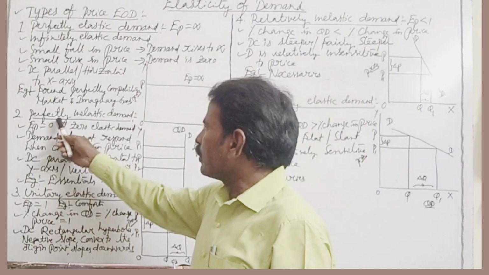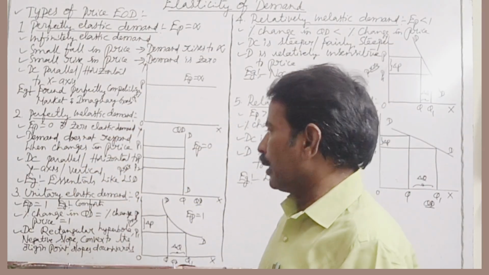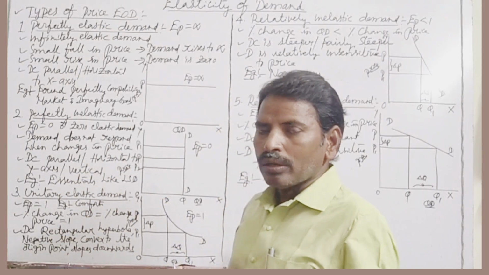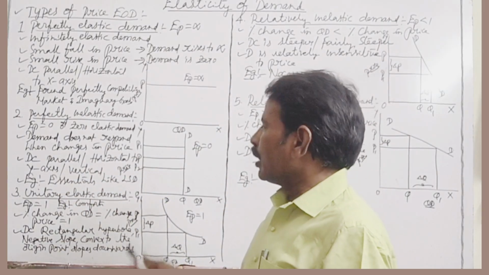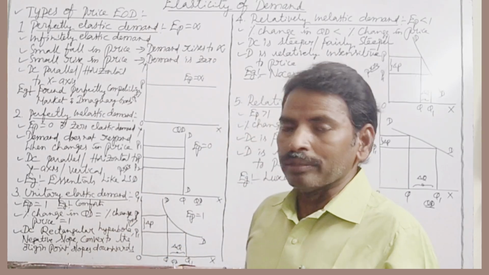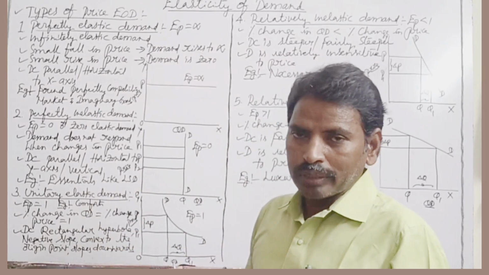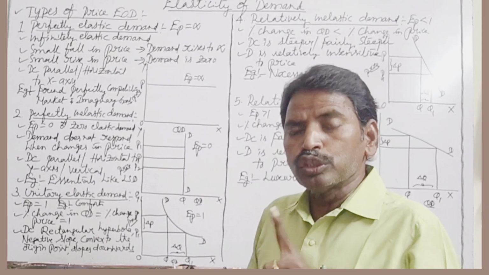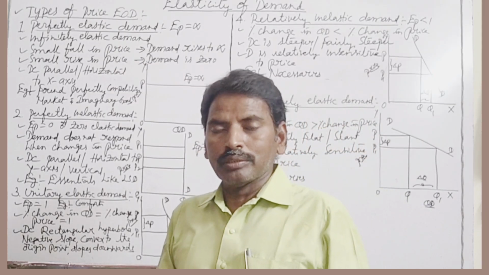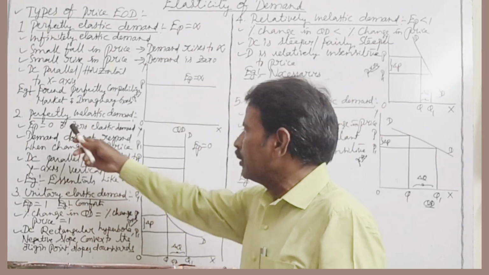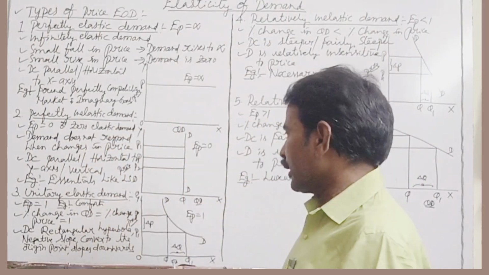This is called perfectly inelastic demand. The demand curve is parallel to the y-axis, or vertical. Examples are essentials like life-saving drugs, postcard, newspaper, shirt buttons, matchbox, salt, etc. These are the best examples for perfectly inelastic demand.